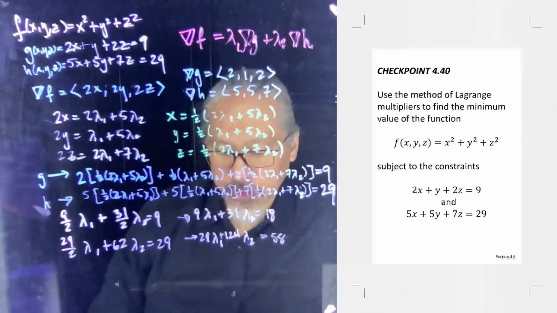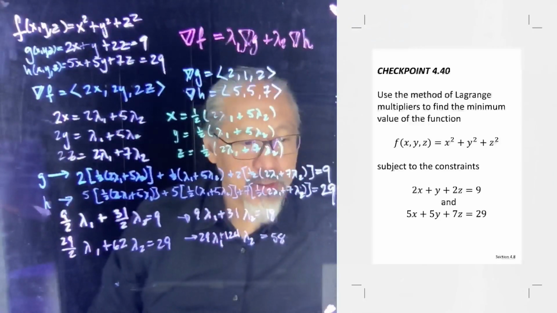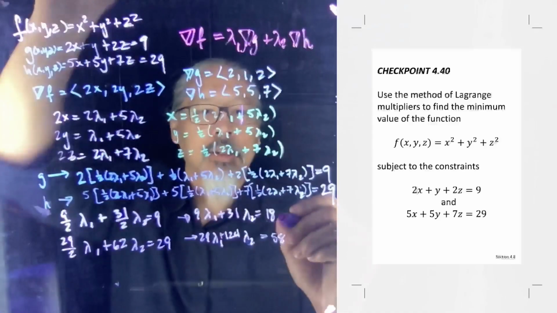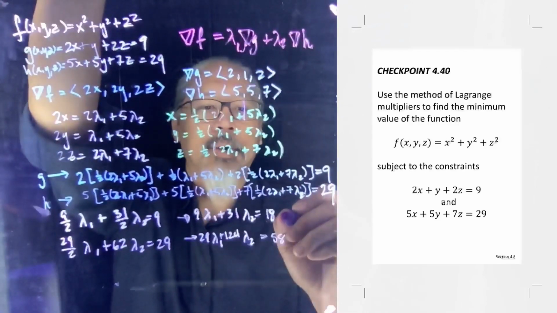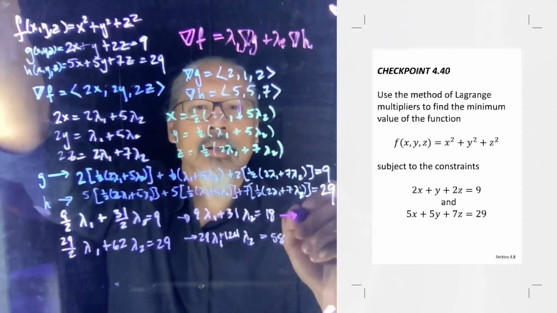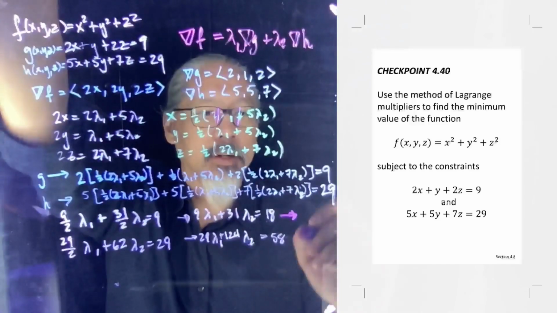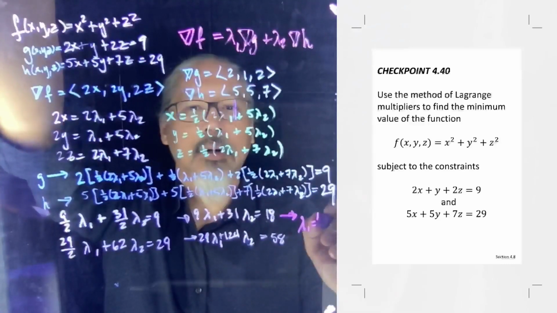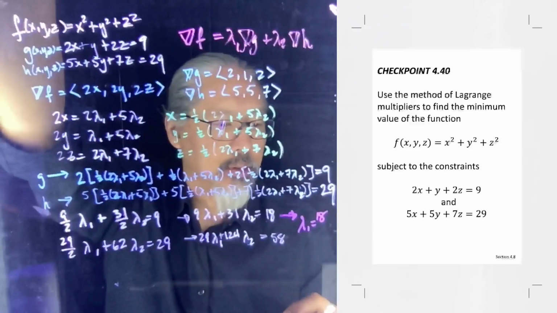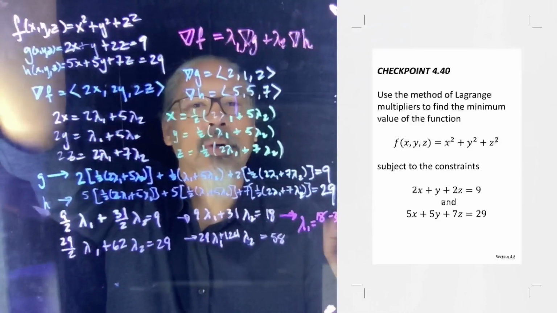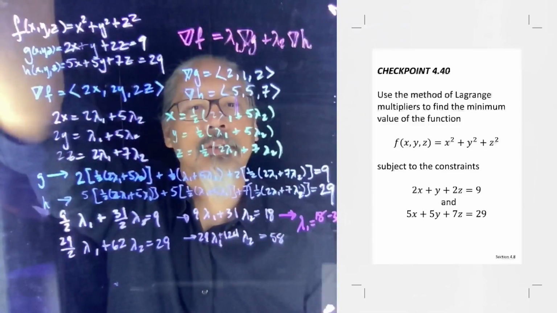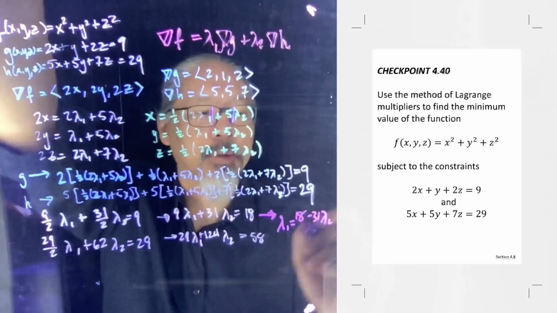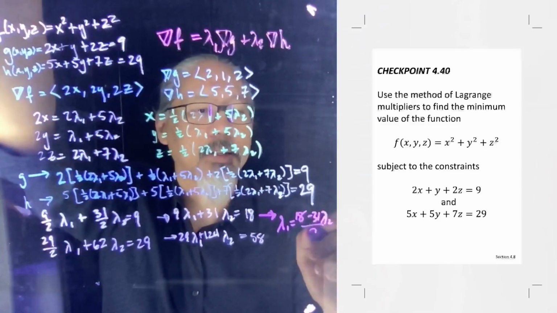Okay, still trying to solve for this. Let's see, looks like I might have solved for lambda 1 here. We can combine equations again, but if we solve for lambda 1 here, lambda 1 is equal to 18 minus 31 lambda 2, divided by 9.